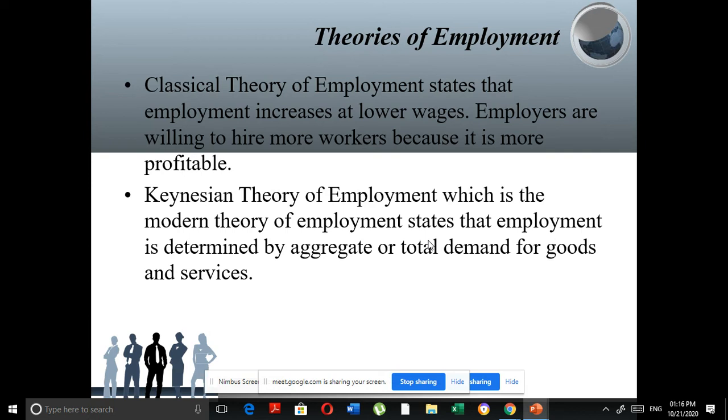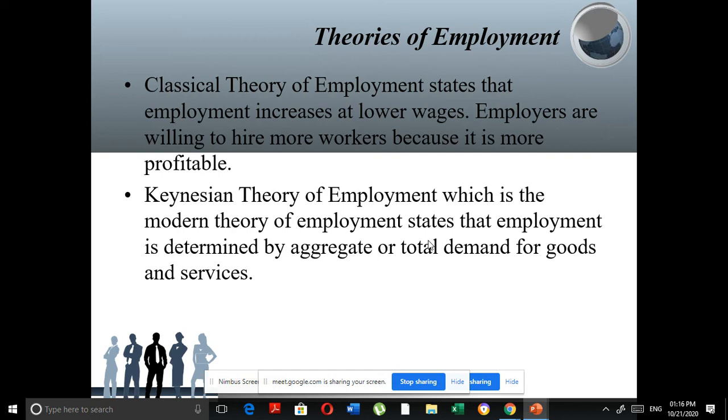If we are in recession time, we have a decline in production and unemployment. So we have cyclical unemployment, because cyclical unemployment occurs during recession, when the level of economic activity declines.